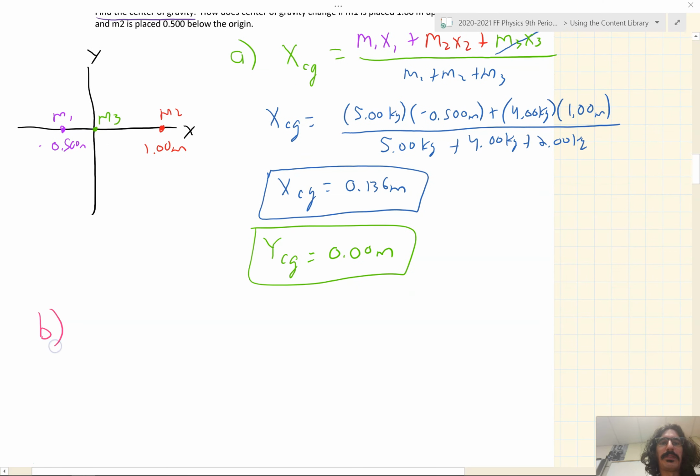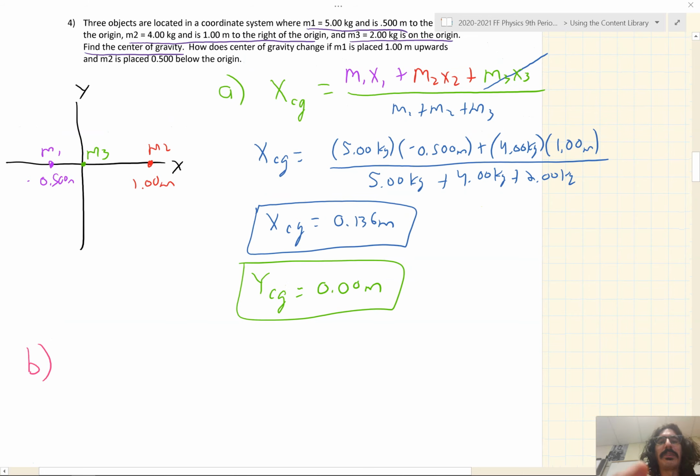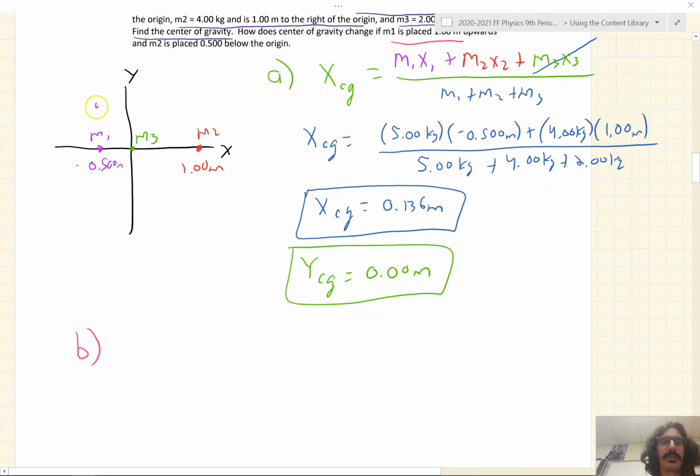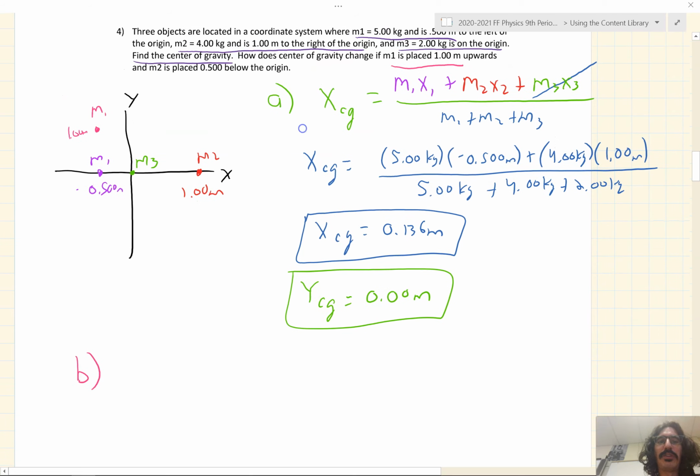Letter B, or the second question, how does the center of gravity change if M1 is placed 1.00 meters upwards? So our new M1 is up here. Let's put 1.00 meters. And M2 is placed 0.5 meters below the origin.